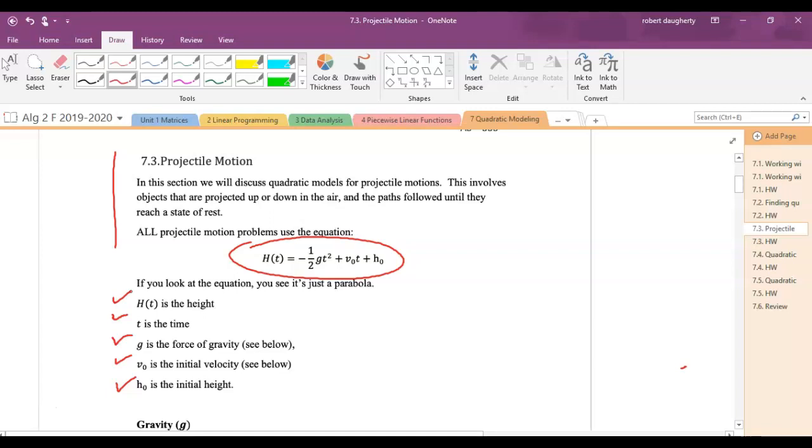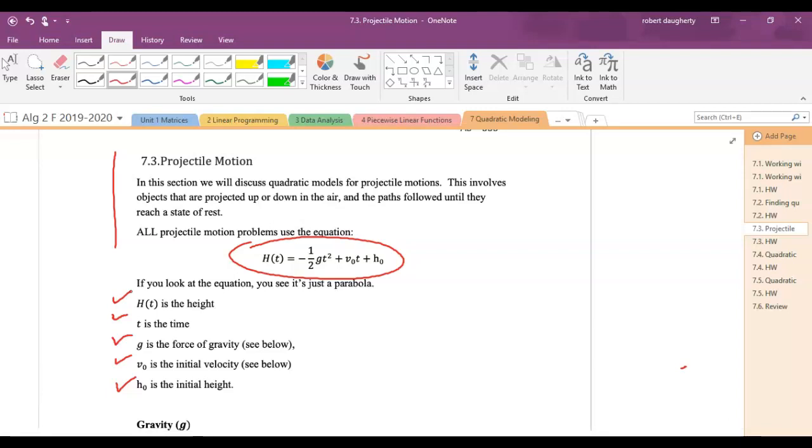So objects, can they be thrown up? Can they be thrown down? If I take this pin and throw it up, the velocity is positive. If I throw it down, the velocity is negative. What about if it's right here on the table, and it just rolls off?